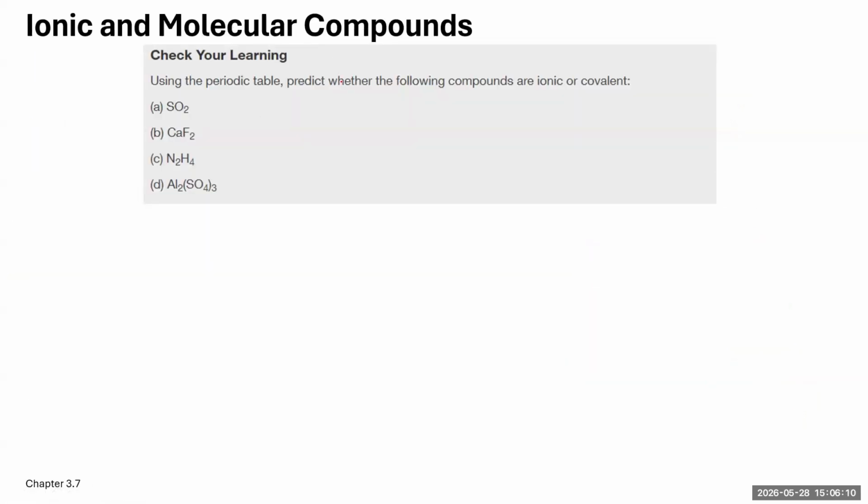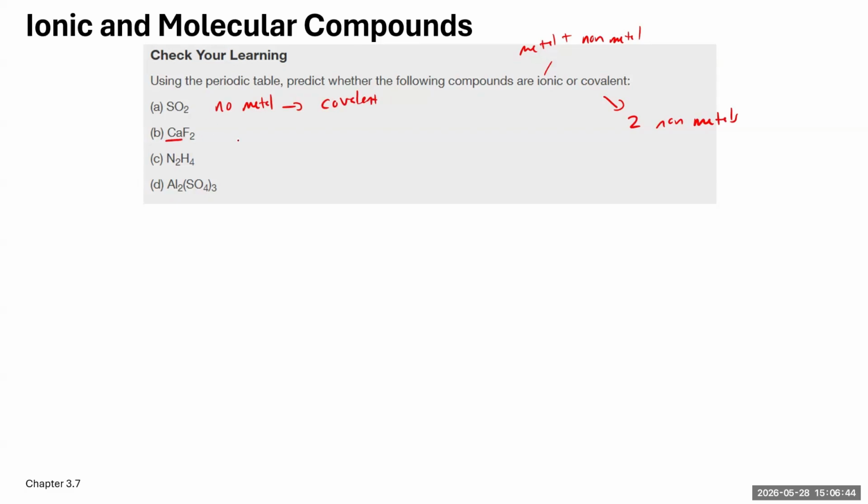All right, let's check some ionic and molecular compound stuff. Again, ionic is metal plus non-metal. Covalent are 2 non-metals. So I'm going to underline anything that's a metal. Sulfur, O2, there's no metal, so this is covalent.